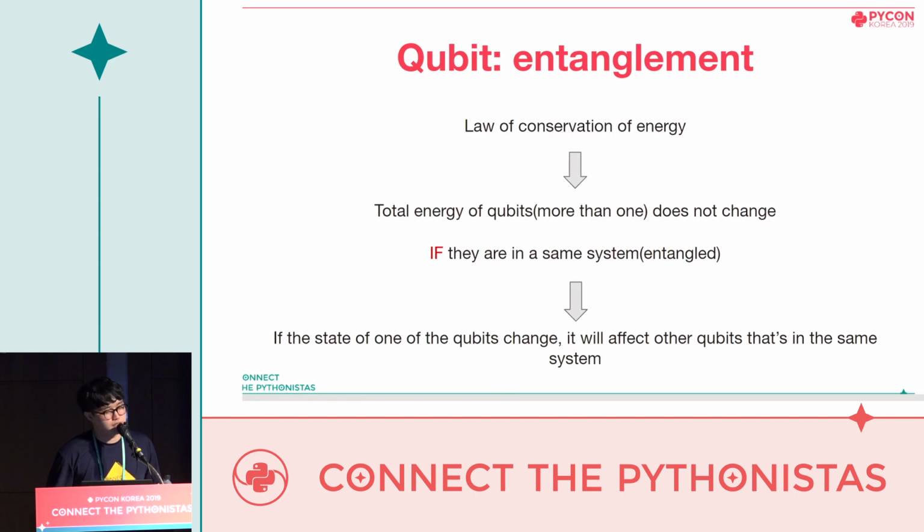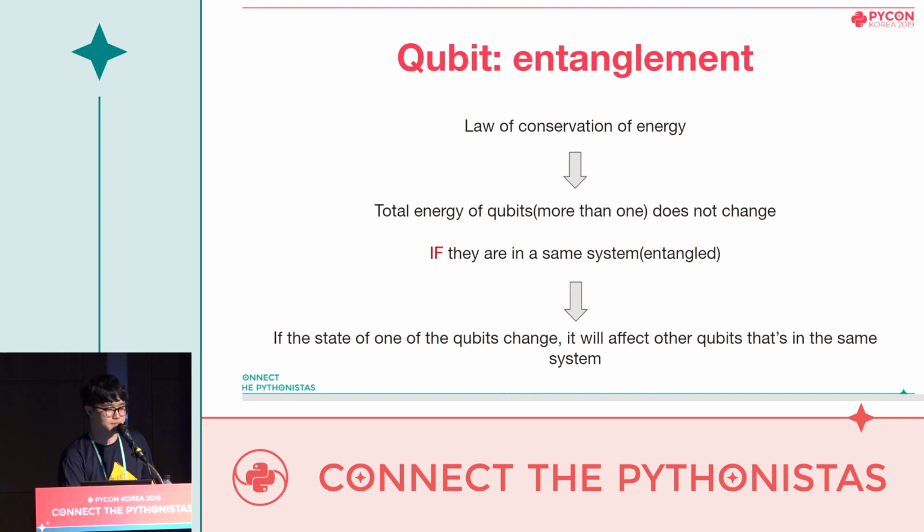Now, another fascinating feature of a qubit is entanglement. When a set of qubits are entangled, they become one system. This is so weird that even Einstein called this spooky action at a distance. To understand this concept, we need to know a simple rule of physics, which is called the law of conservation of energy.